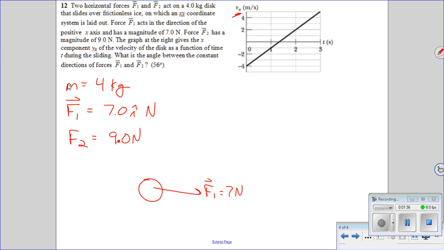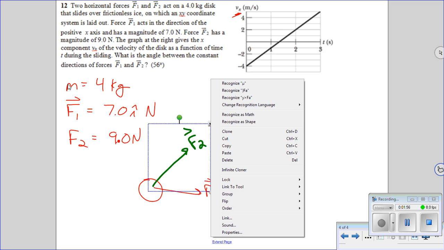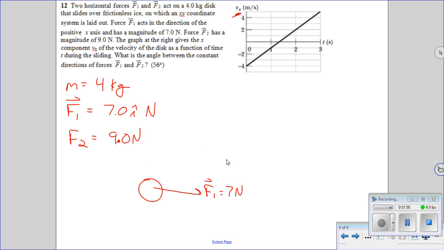And then there's our F2. But the problem is we don't know what direction it's going in. Well, that didn't work out the way I wanted it to. But anyway, my point is we don't know what direction F2 is going in, right? And so that's kind of what we're trying to find. So let's look at this graph and see what we can get from this.